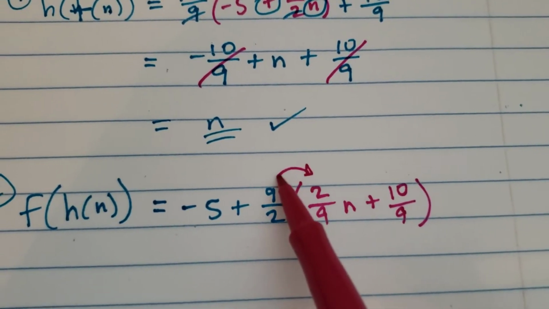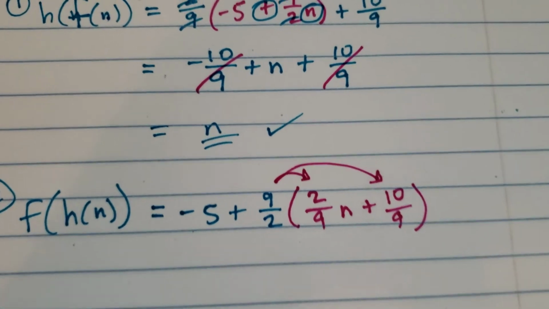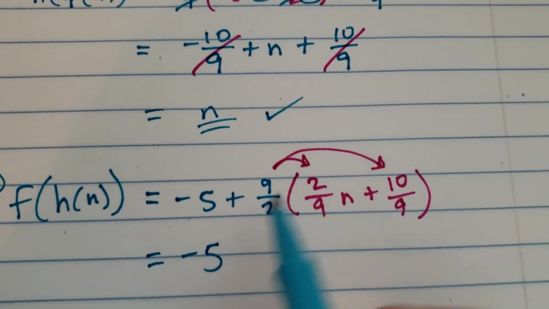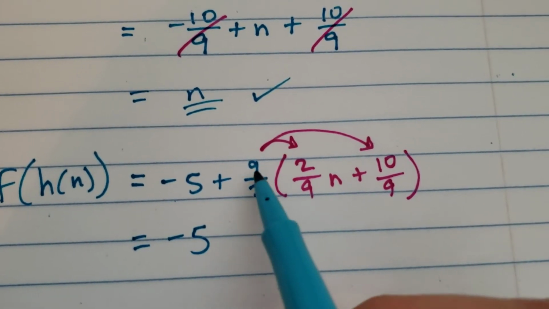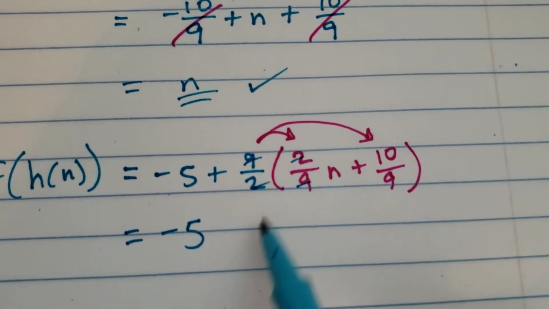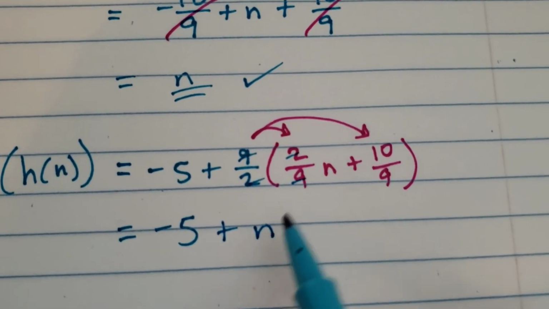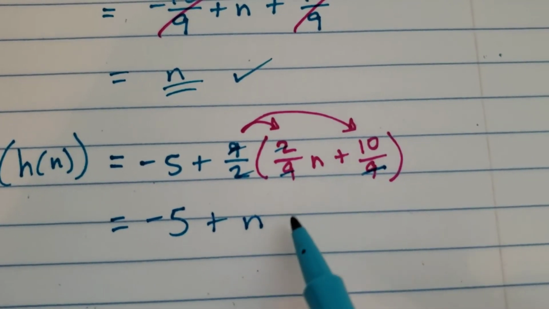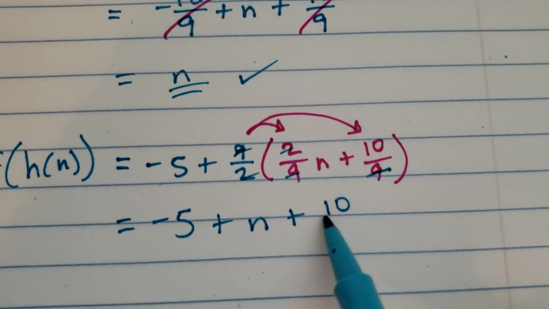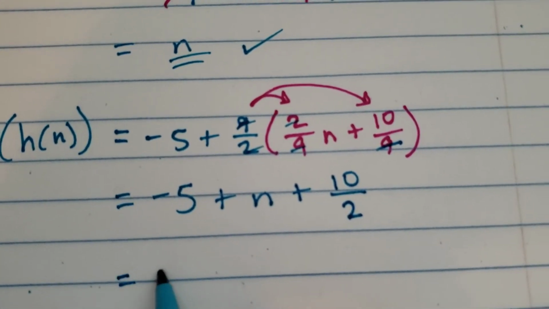Start with your distribution. The negative 5 is still there in the front. Now, 9 times 2, and then dividing by 9 times 2. Everything cancels out. Just gives me an n. Here, the 9 and the 9 cancel out, so I end up with 10 over 2 left. Hopefully you know what 10 over 2 is.